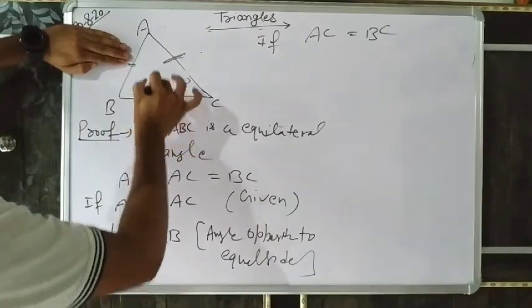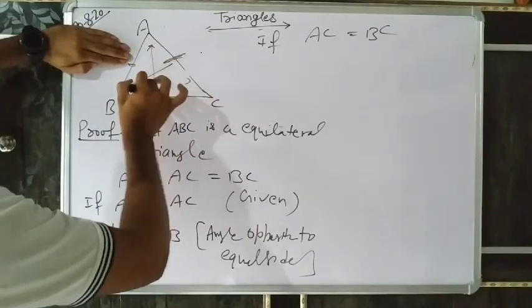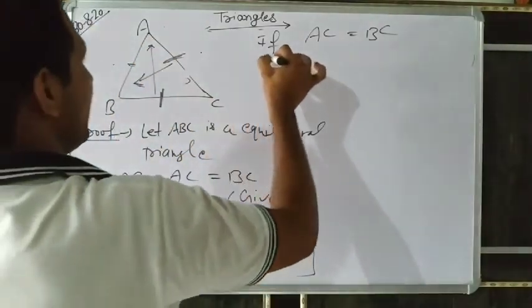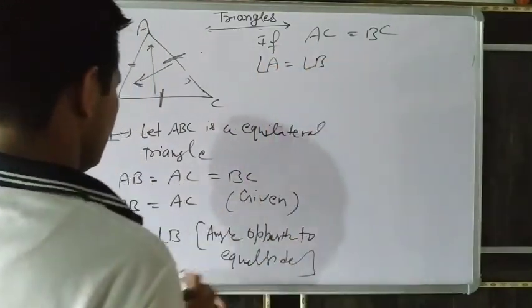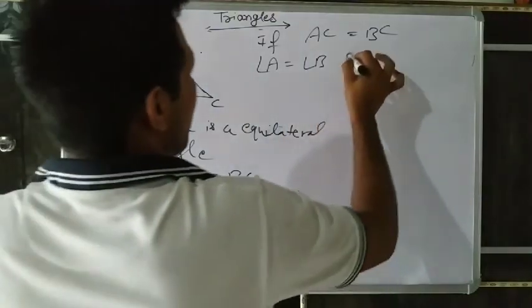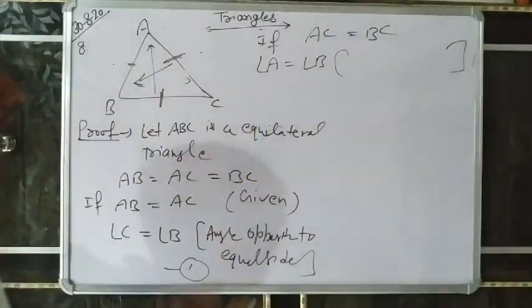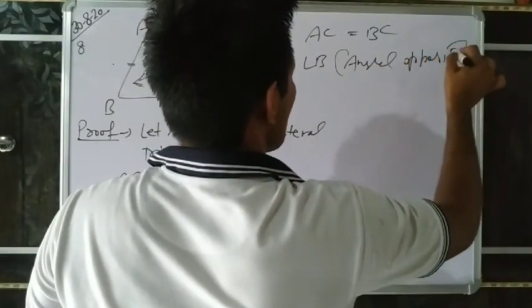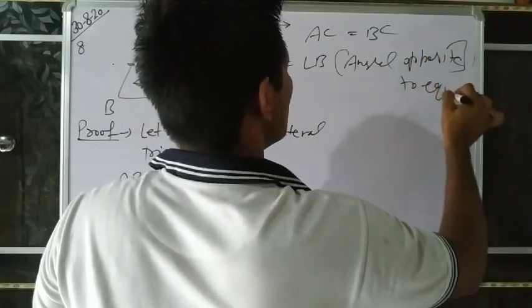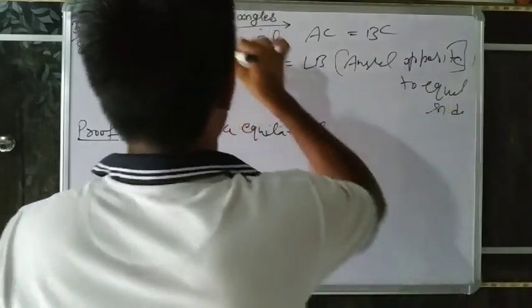So opposite of BC, angle A, and opposite of AC, angle B. So write angle A equal to angle B. It is equation 1. Again, reason: angle opposite to equal side.